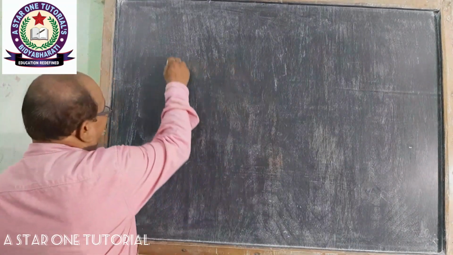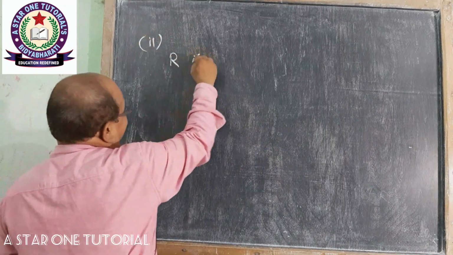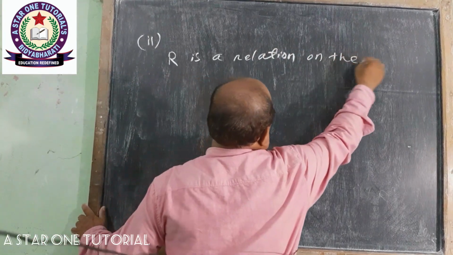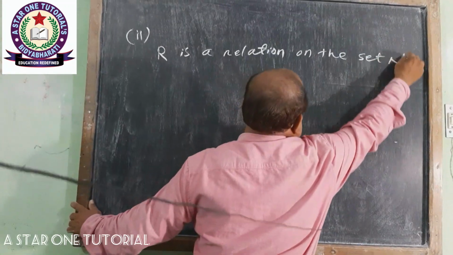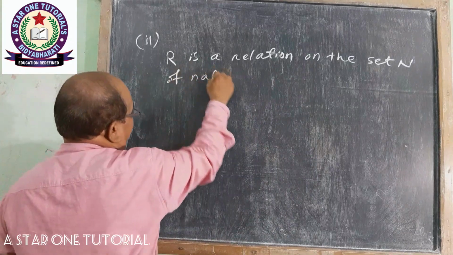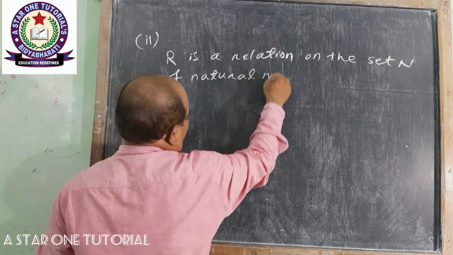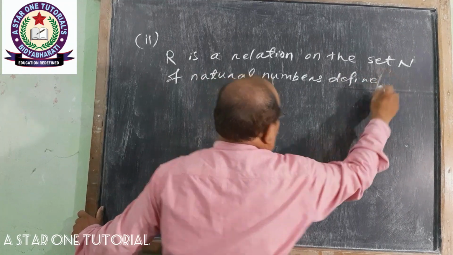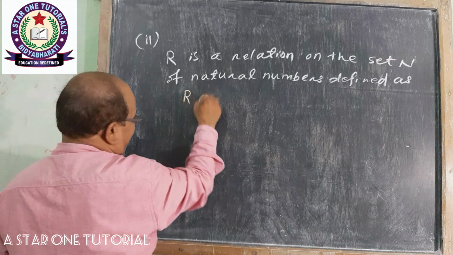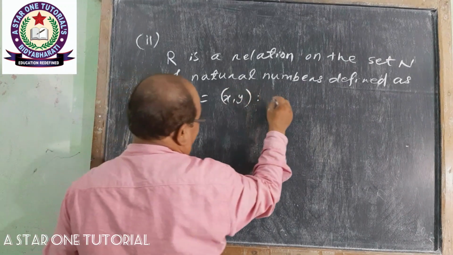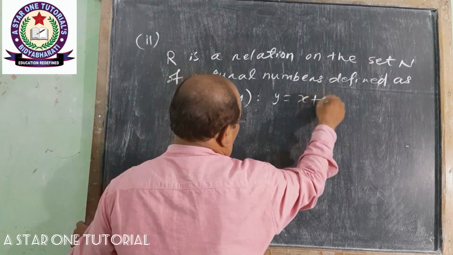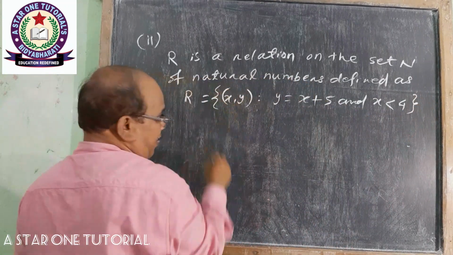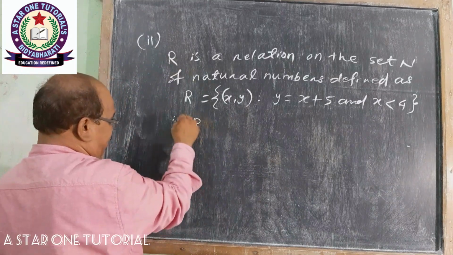We are given that R is a relation on the set N of natural numbers defined as R = {(x, y) such that y = x + 5 and x is less than 4}.